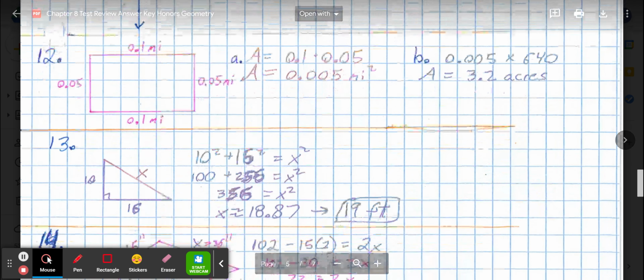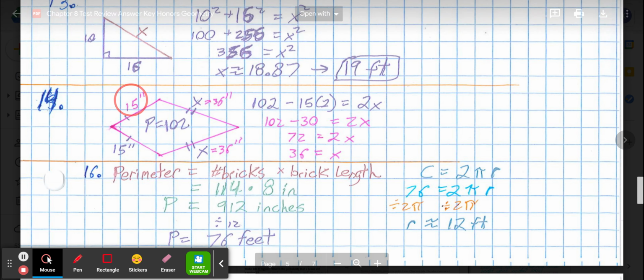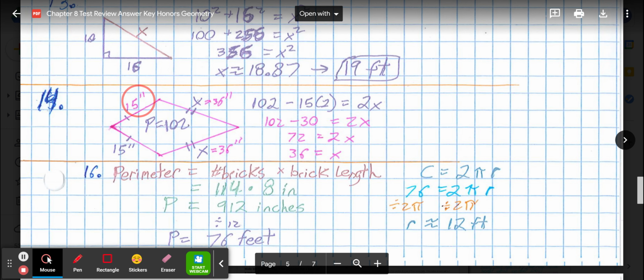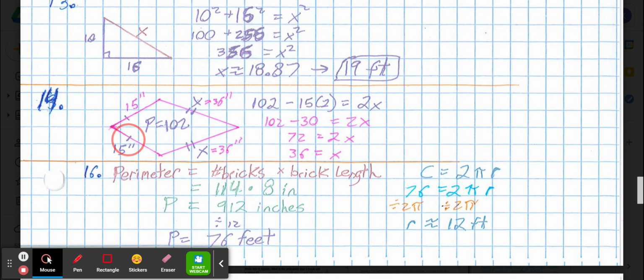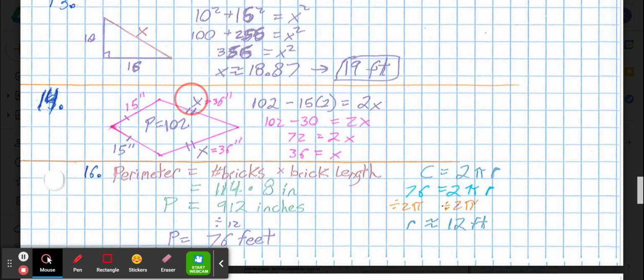How do we know that? Well, we know in a kite, we have two sets of congruent sides that are consecutive. So if I drew my kite here sideways, and I knew this measurement was 15 inches, I also know this one, the next consecutive side, would be 15 inches. Then I label my other two sides x because they're the same.